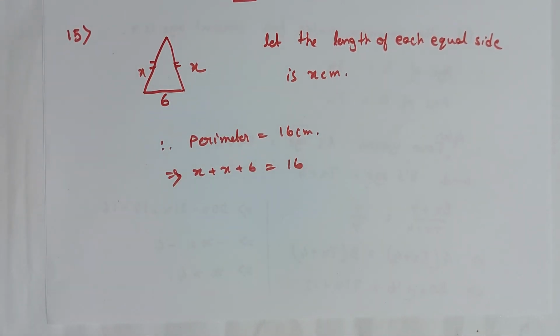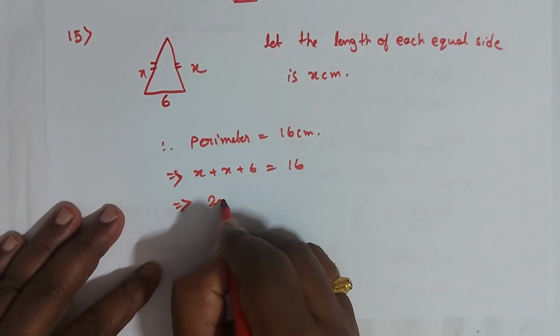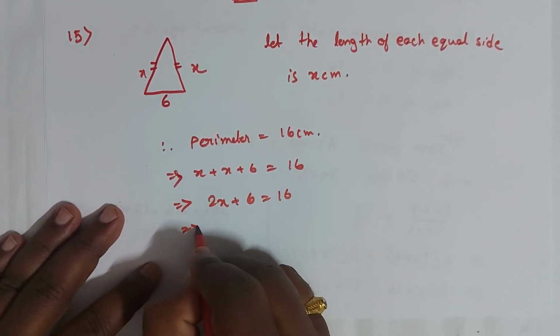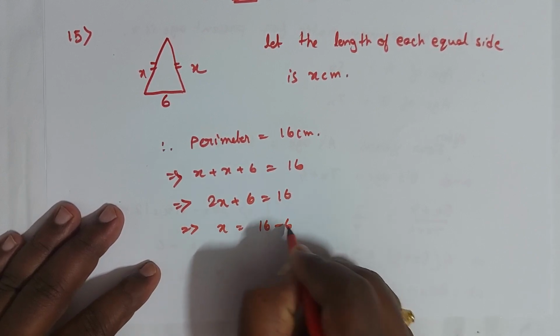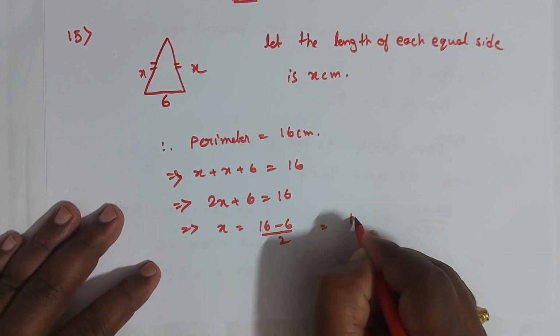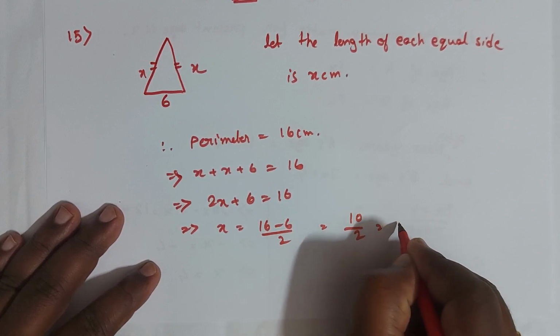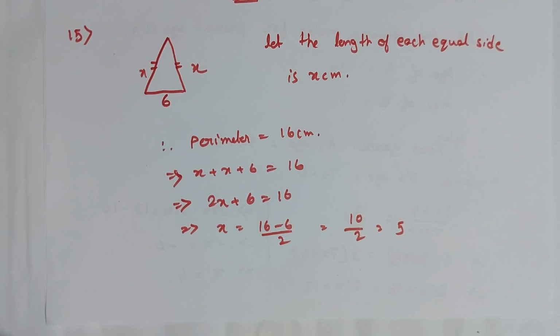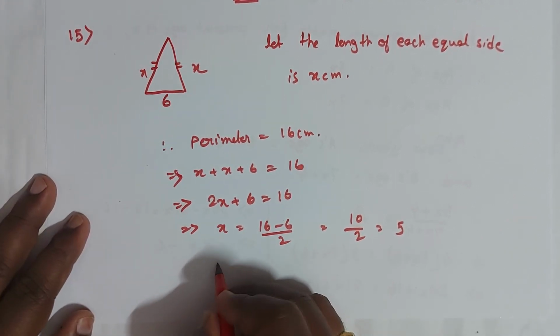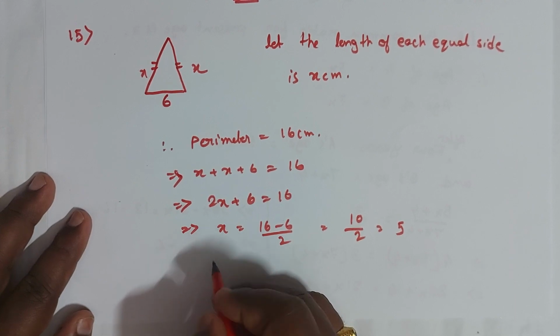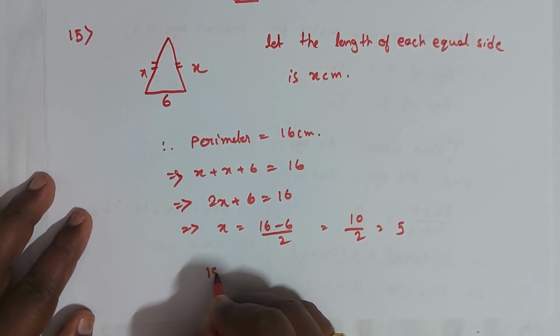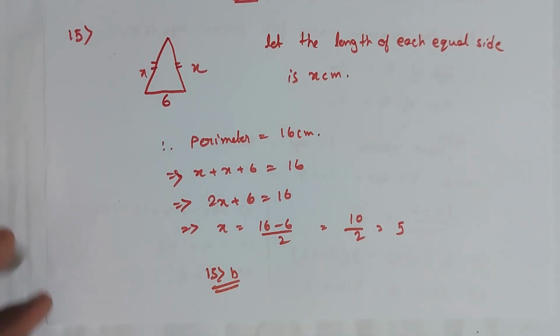So 2x plus 6 equals 16, or x is equal to (16 minus 6) by 2. So this is 10 by 2, this is 5. So x is equal to 5 centimeter. That means the length of each equal side is 5 centimeter. So option B. So question number 15, option B is our correct answer.